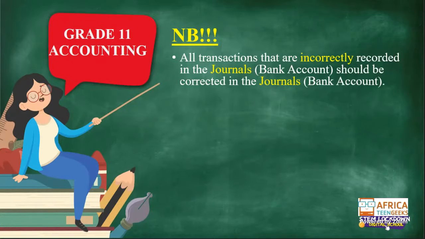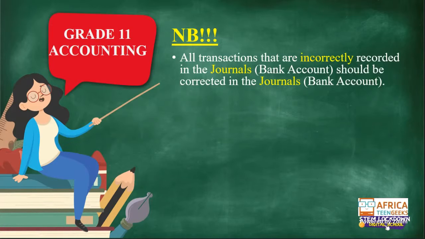Now, we are getting onto today's matter, right? All the transactions that are incorrectly recorded in the journals, right? When I'm talking of journals, I'm talking about the CPJ and CRJ in this case.